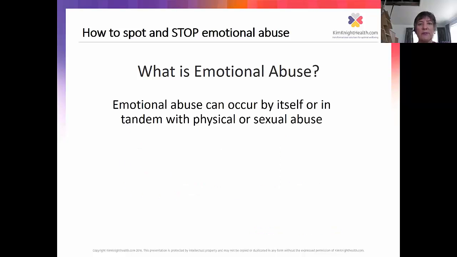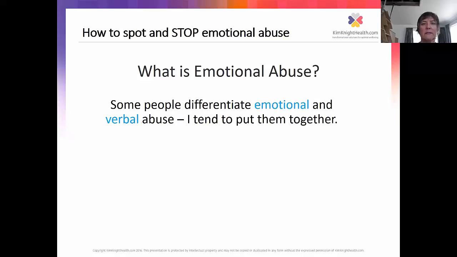Now, emotional abuse can occur by itself. In other words, somebody can just be emotionally abused by somebody, or in tandem with physical or sexual abuse. They go together. And some therapists do differentiate between emotional and verbal abuse, but I tend to put them together.